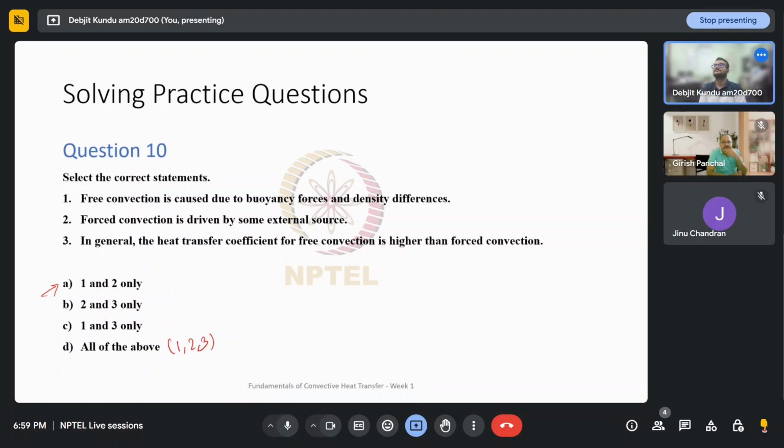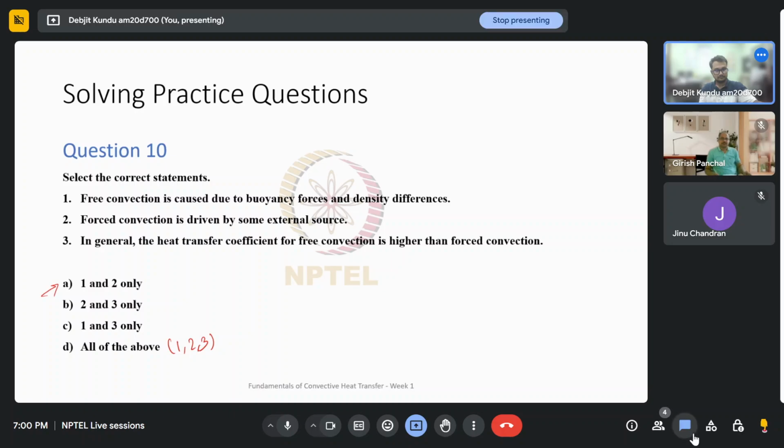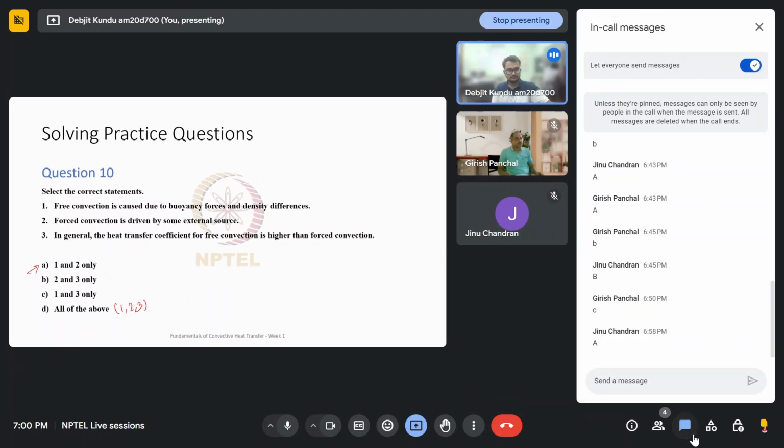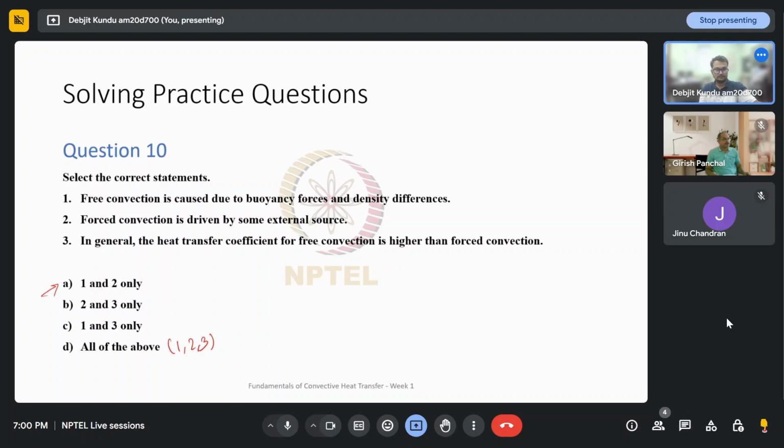Let's hear what others have to say. Okay, so let's take a look at the solution. It is indeed option A, 1 and 2 only.